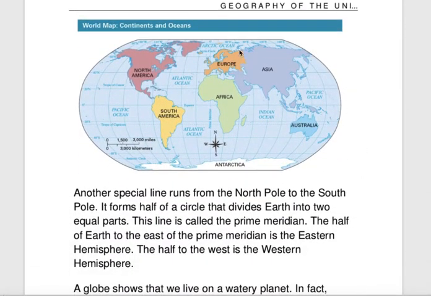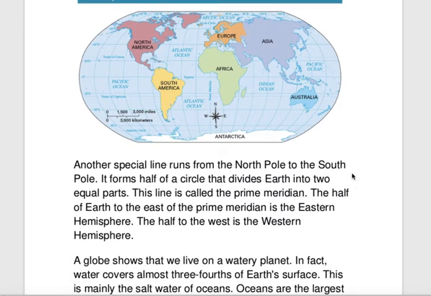So now we have a graphic of a map of the Earth, the world map with continents and oceans. Now, this is a great map that you can refer to for the assignment that you have to accompany this reading. Another special line runs from the North Pole to the South Pole. So that was that line that I showed you earlier.